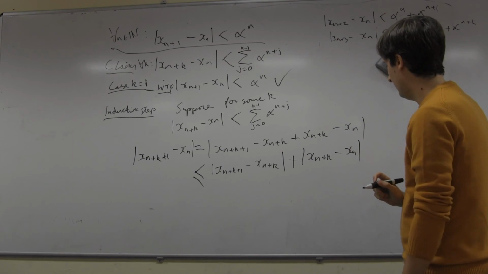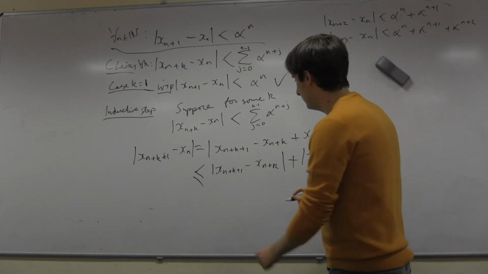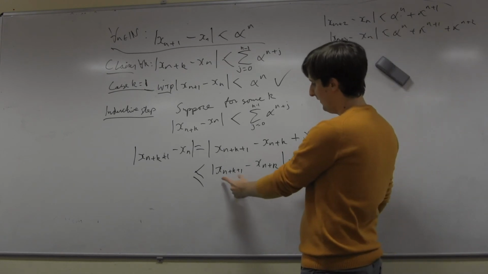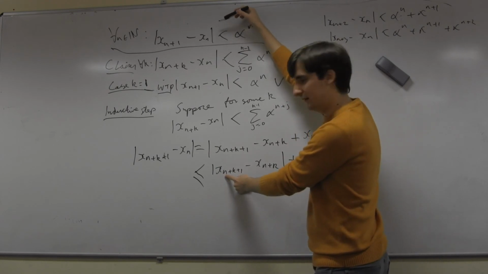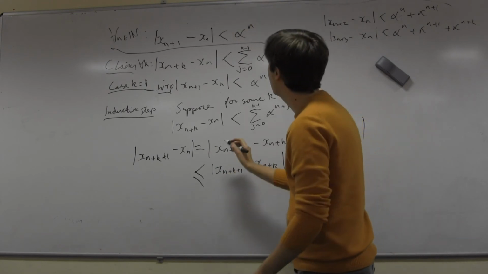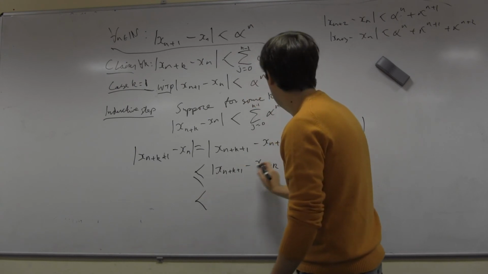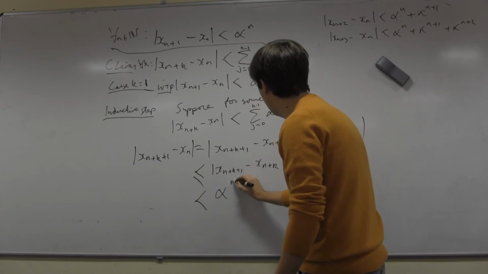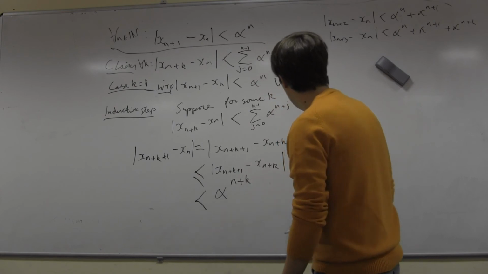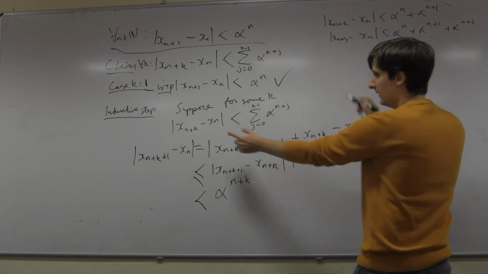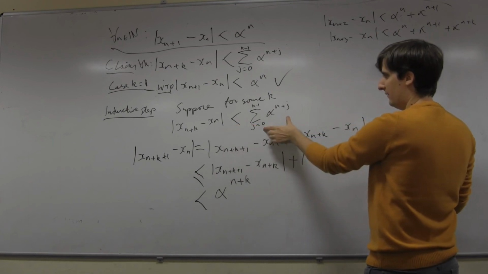Okay, good. So this bit here is of this form: something plus 1 minus something. So this is less than alpha to the power of n plus k. And we've already assumed this term is less than that.